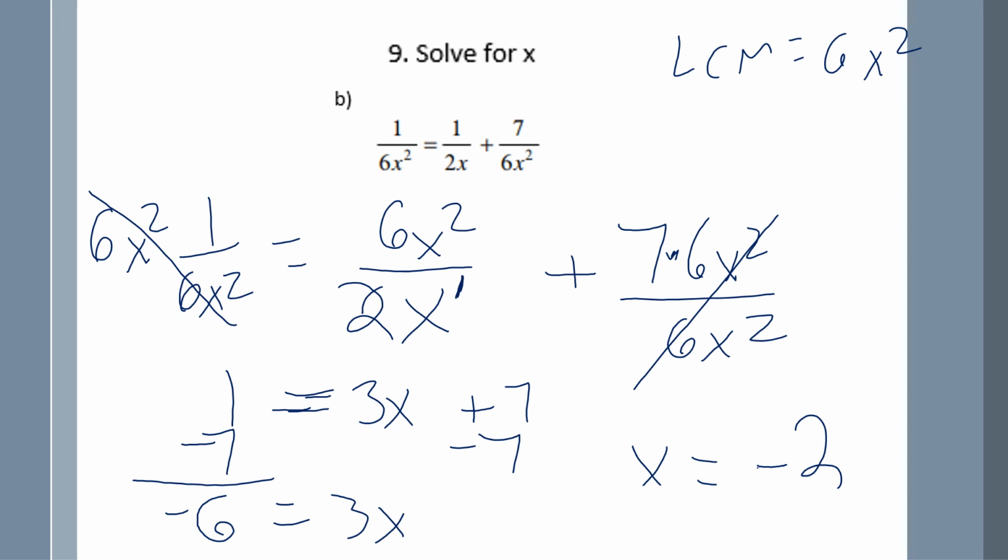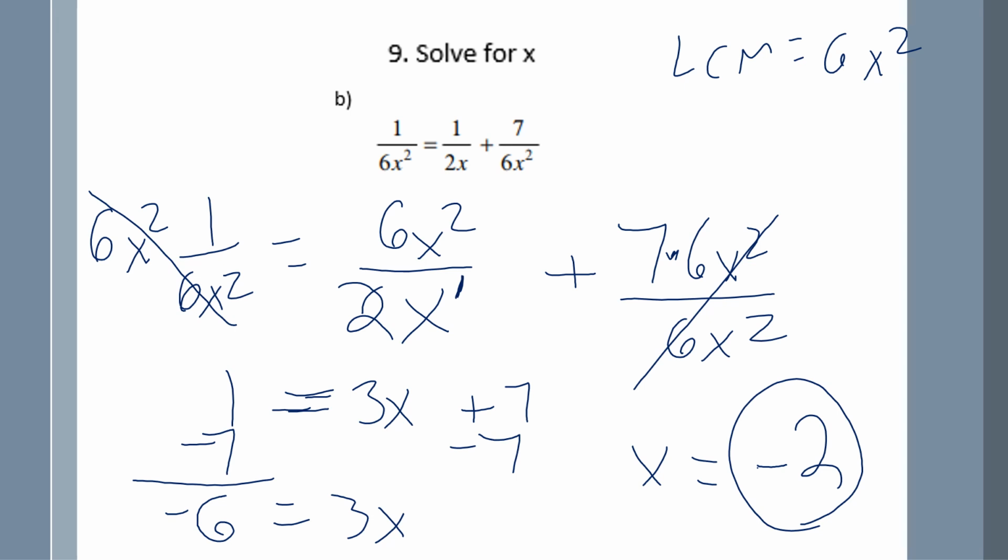Now, however, on your test, I'll be asking you, is that a true solution to the equation? How you do that is you take this negative 2 and plug it back into the equations. I'm going to leave that for you to do because that's easy.